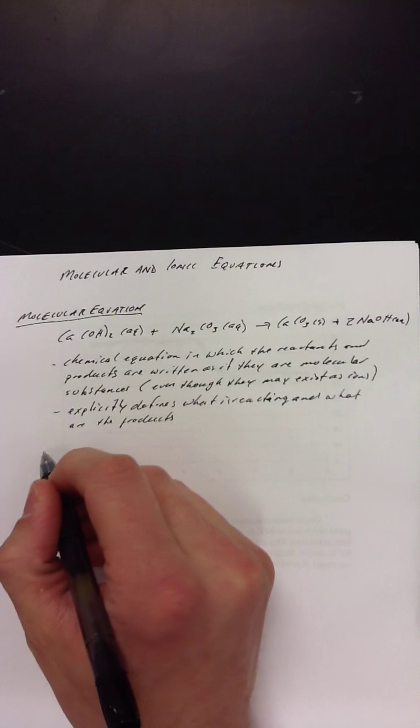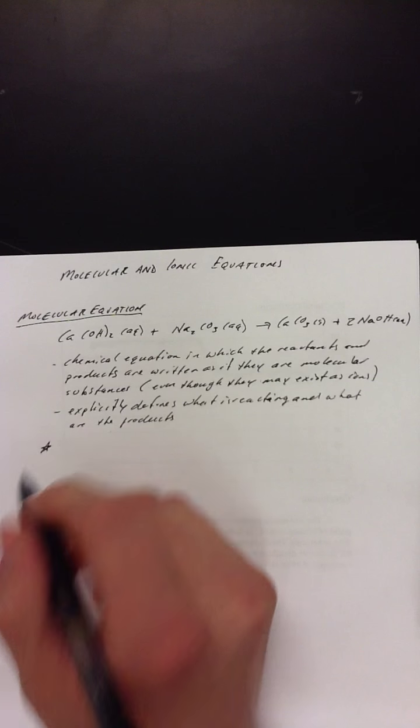But although a molecular equation is useful in describing the actual reactant and product substances, it does not tell you what is happening at the level of ions. So let's put a star on it, bold it, highlight it, whatever you need to do.